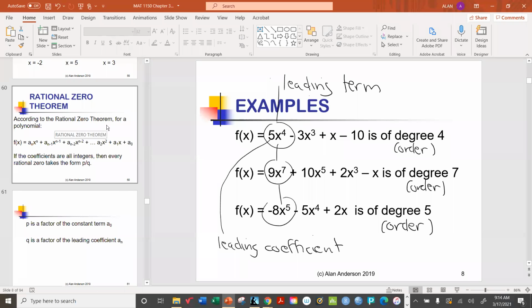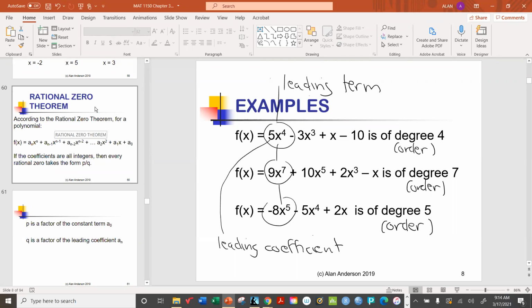And what it essentially is doing is saying, listen, if you've got a very large, messy polynomial, you may want to have some idea of what kind of solutions are possible. Because, let's face it, some of these higher order equations are quite challenging.